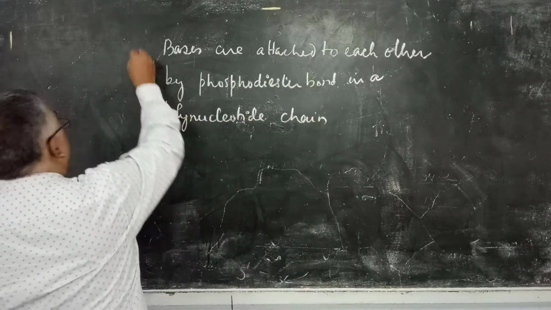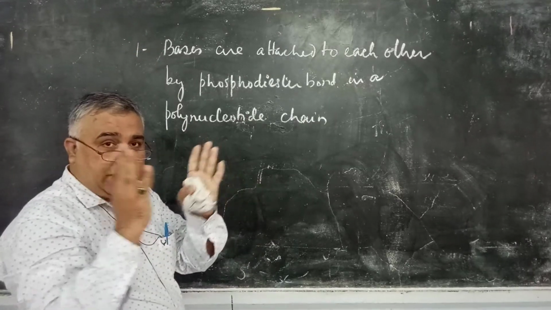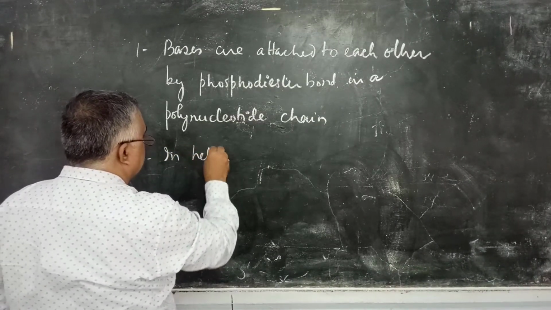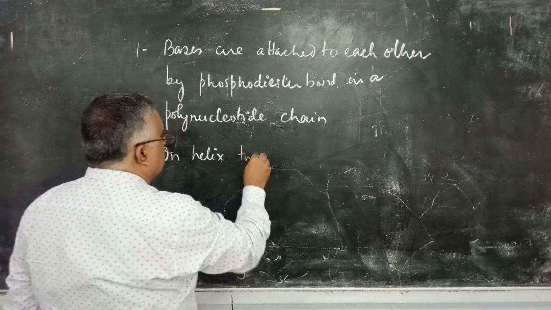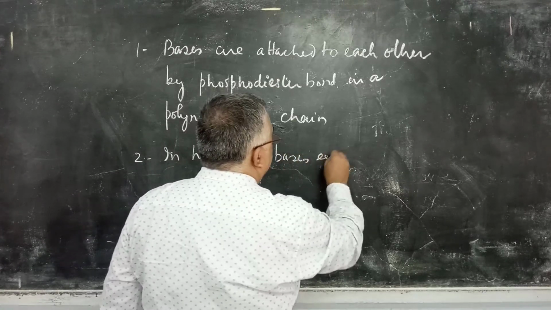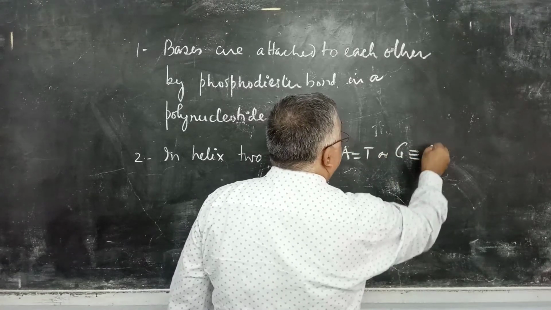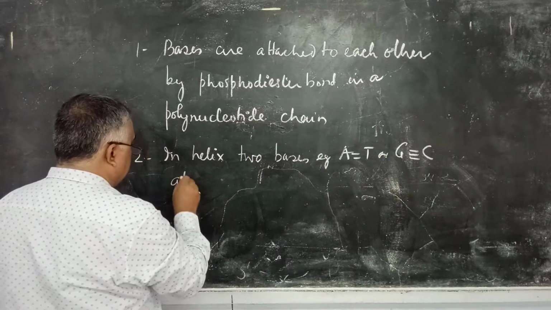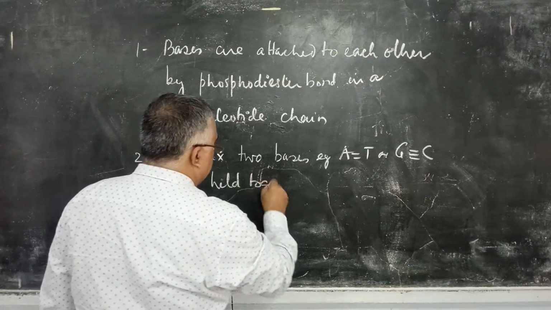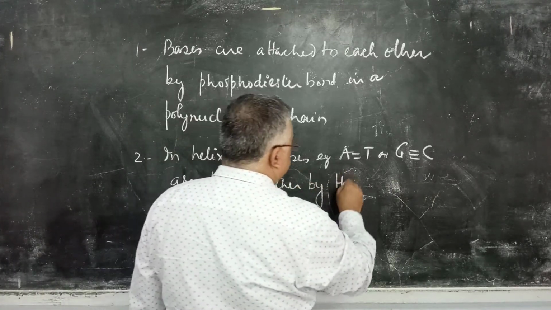Then I also told you that within a double helix, two bases, for example, when A pairs with T or G pairs with C, are held together by hydrogen bonds.